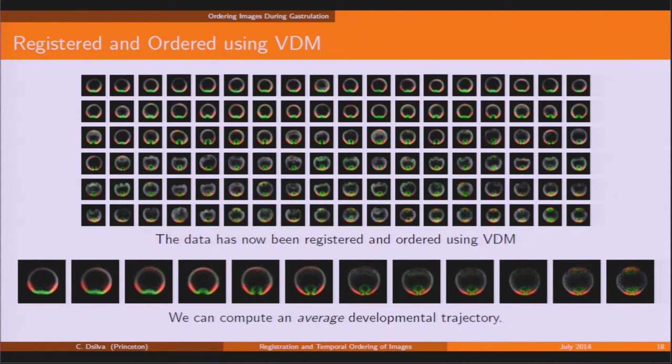The gray signal looks fairly similar, but you can see now the red and the green are also on here. And again, the red and the green are things that you cannot look at in live images. You have to kill the embryos before you can look at them. So this gives us a very nice picture of what's happening during this time period, and it was not known previously or is not easy to measure previously.